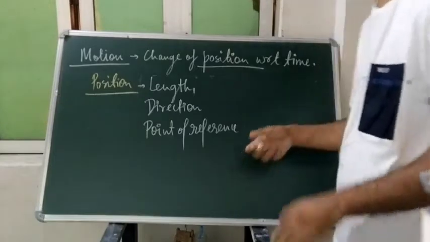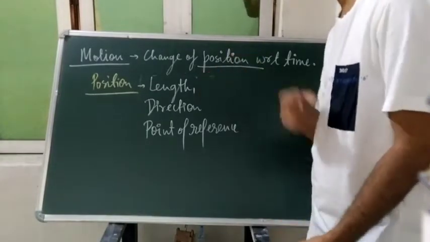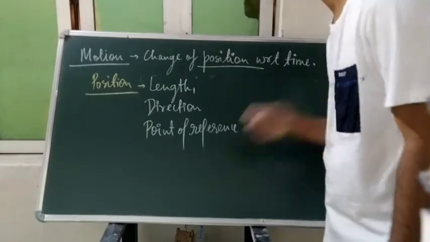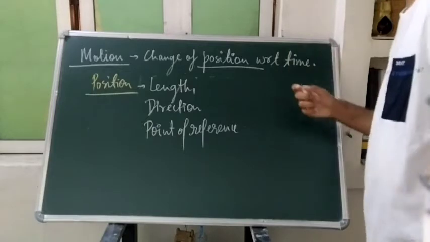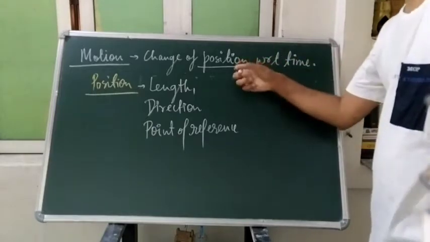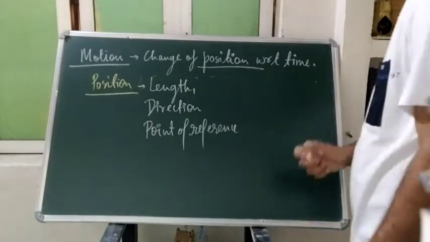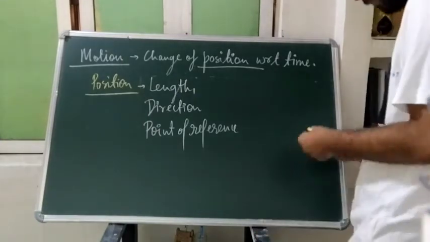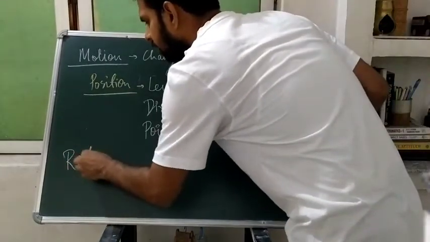You can remember that for defining the position, we need length, direction and a point of reference. So we have seen motion and this position. Keep in mind that it is not going to leave you in classical mechanics. And next, we can define rest.